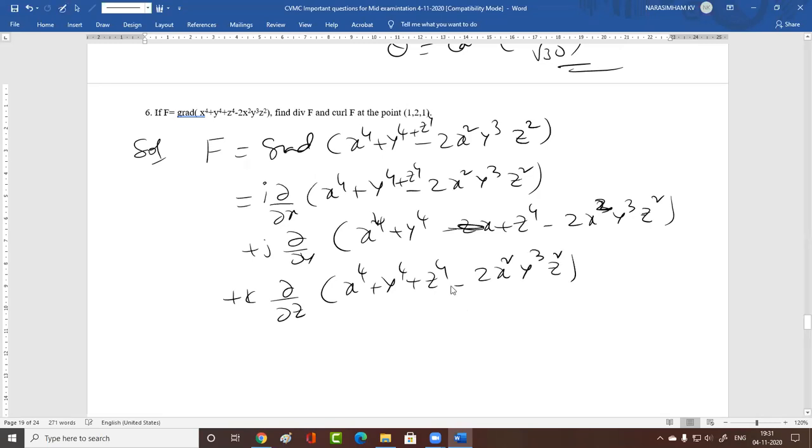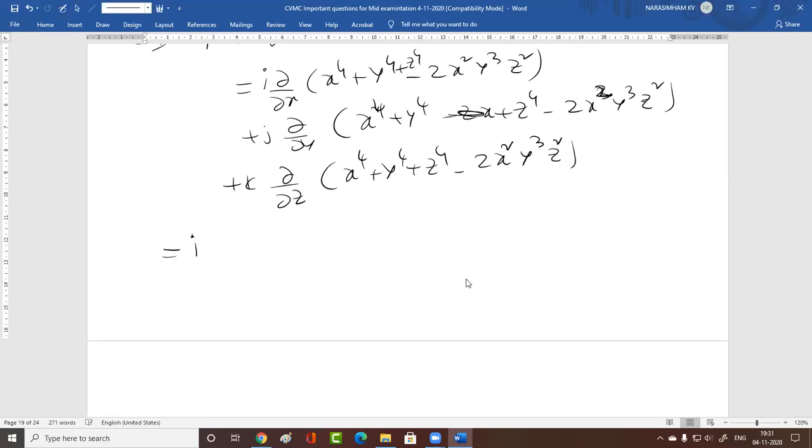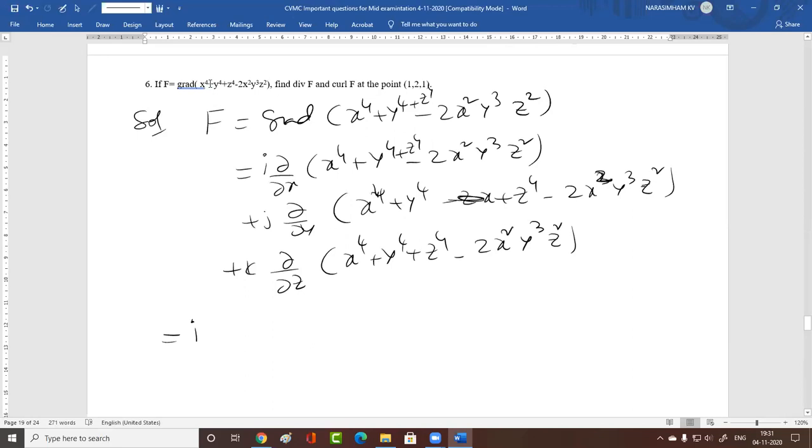Now we will find the gradient. First, i times the partial derivative with respect to x. The x term is x power 4, and also this term. The derivative of x power 4 is 4x cubed. Now the x term is this one, minus 4x, since the derivative of x squared is 2x: 4xy cubed z squared.